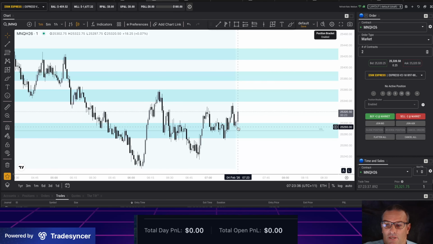Okay, so that did come back into that area, very close, pretty much at value area low. If you'd got in at the top of that, there's 20 points. That would have been great.